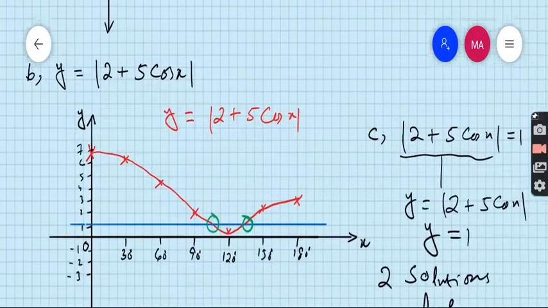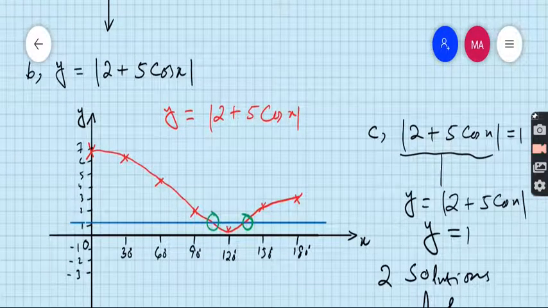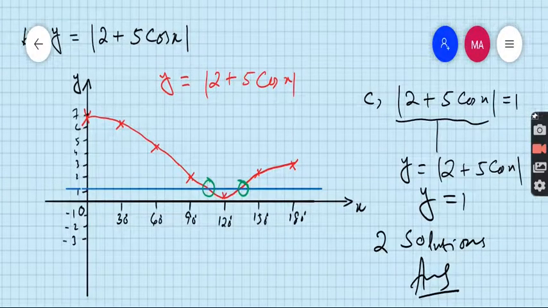Part B is to draw the graph of y is equals to the absolute value of 2 plus 5 cos x, the red one. And part C is to write down the number of solutions of the equation absolute value of 2 plus 5 cos x is equals to 1. So with the help of the graph, we draw a line y is equals to 1, the blue one.